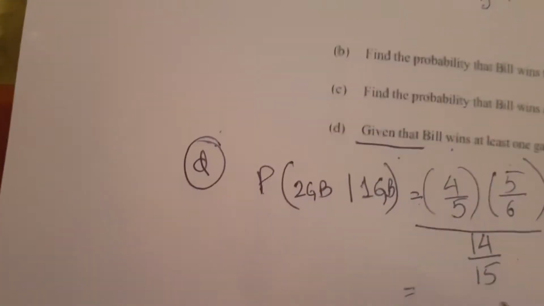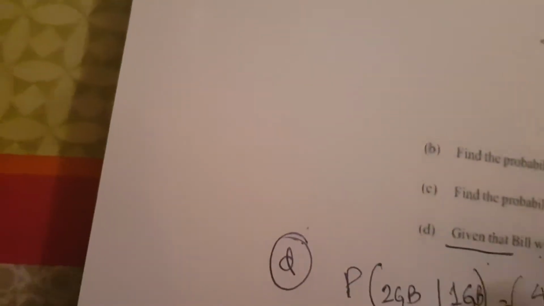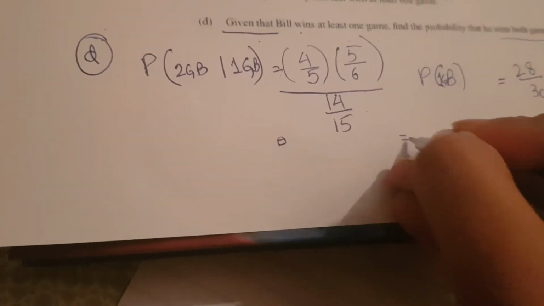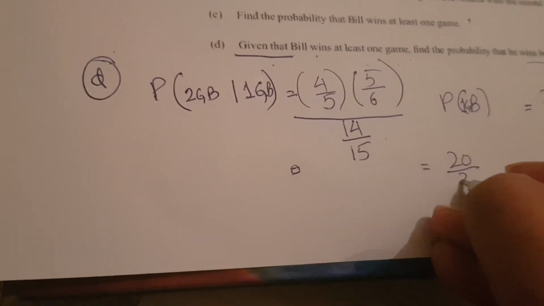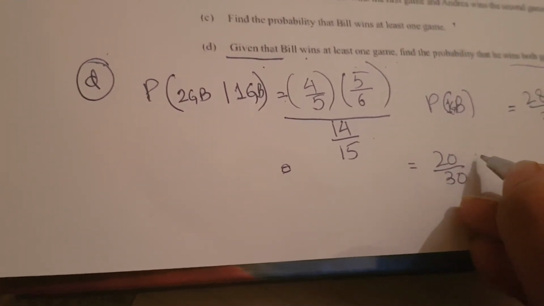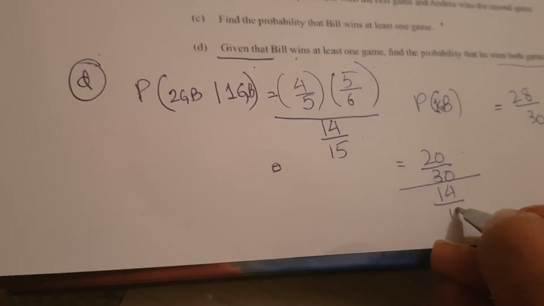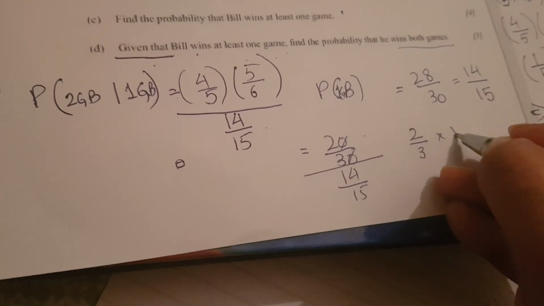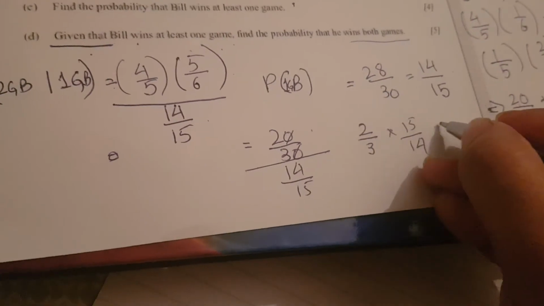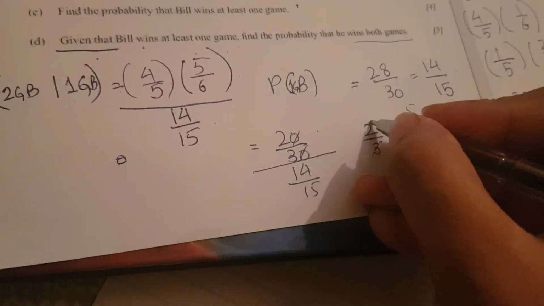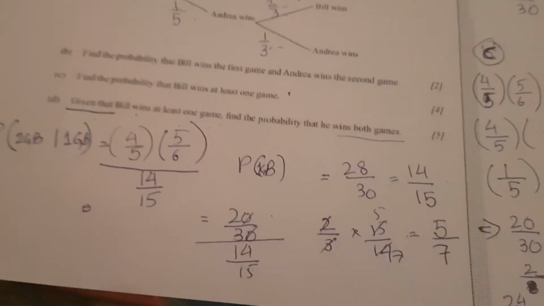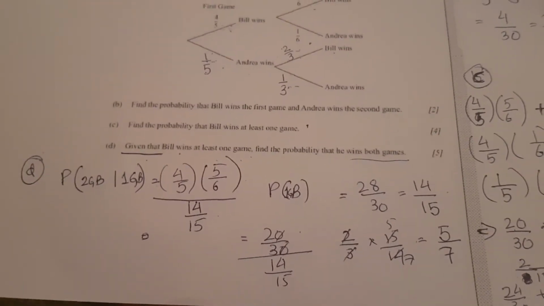It equals 20 over 30, whole divided by 14 over 15, or you can say 2 over 3 multiplied by 15 over 14. You can further simplify it to 5 over 7, which is your final result of part D.